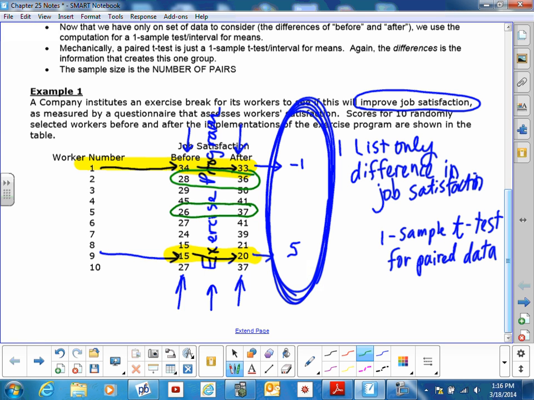Okay? So each pair is independent of the other pairs. Now, that kind of is like, duh, with this situation where we have a before and after. But let me show you an example that might not be so obvious, that makes it more clear as to why that has to happen.